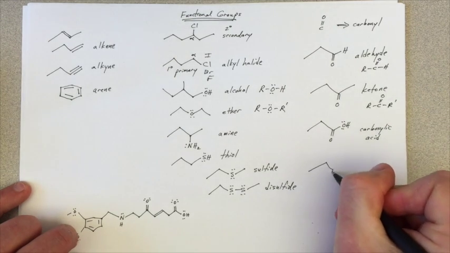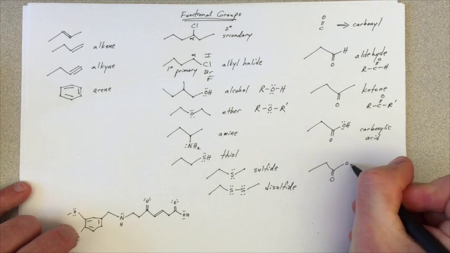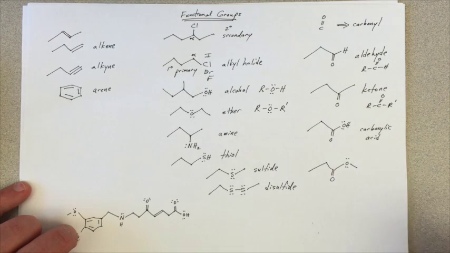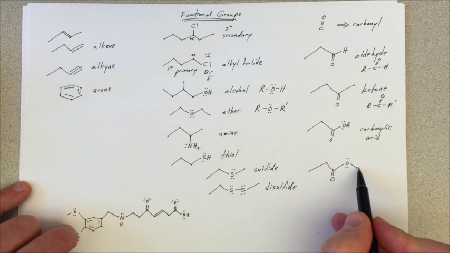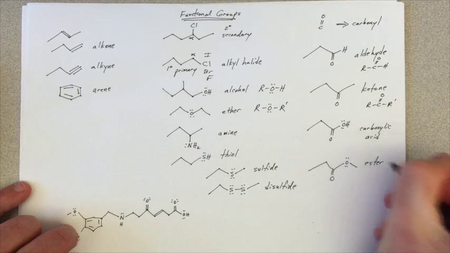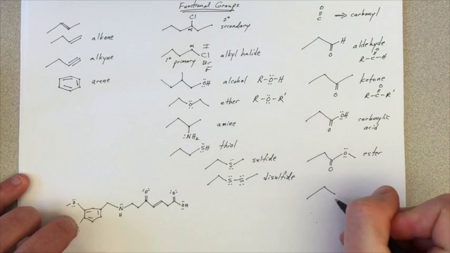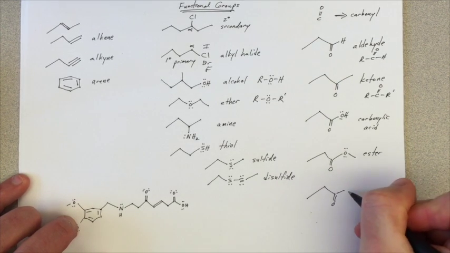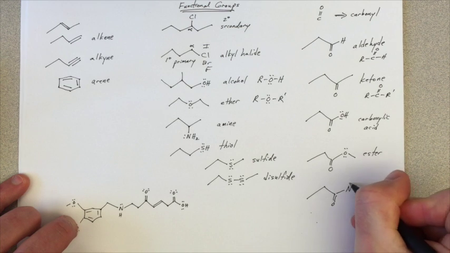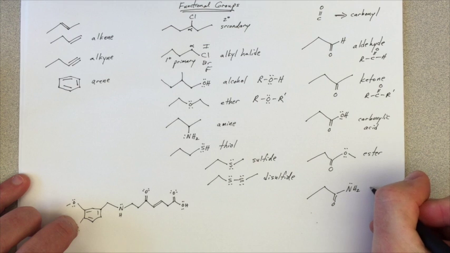We can put this carbonyl next to something like an ether. Here we've got that oxygen bound to a CH3 methyl group there. We call this functional group an ester. We can put our carbonyl next to something that looks like an amine, and we can call that an amide.